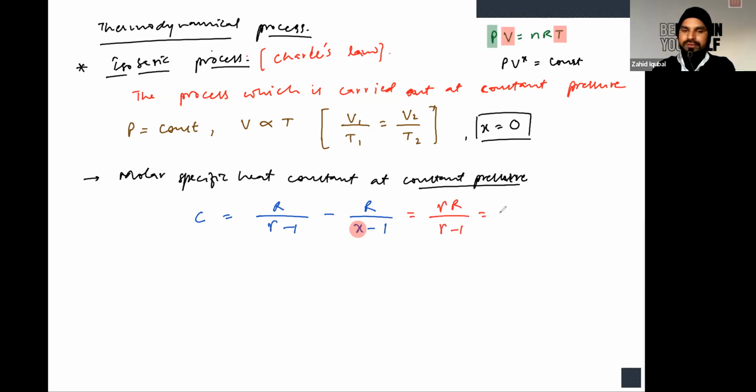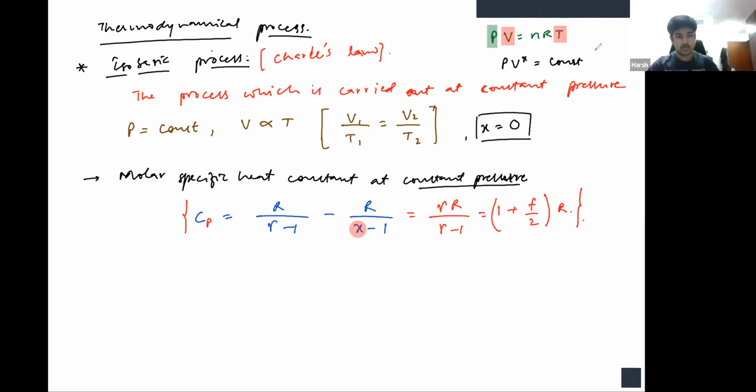In terms of degrees of freedom, it equals 1 plus F by 2 multiplied by R. Since this molar specific heat is at constant pressure, we write it as Cp. Is it clear? Yes, sir.